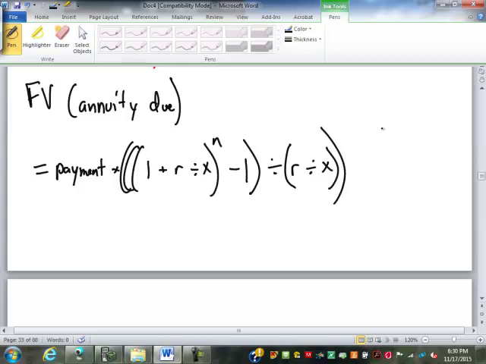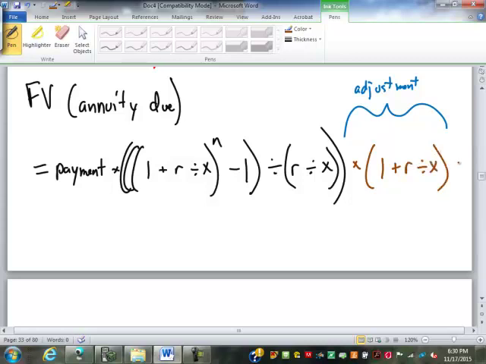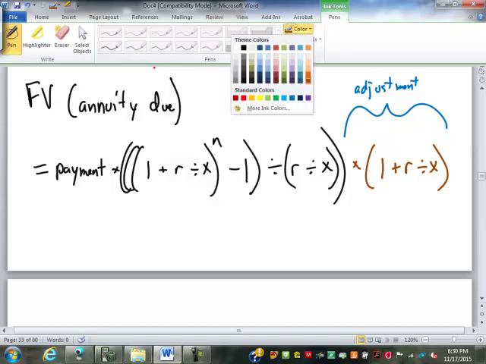So that's exactly what we had before. Now comes the adjustment factor. This is the part that is the difference. We times 1 plus the rate divided by the number of periods in a year. That's just the interest for a single period, the compounding factor for a single period.